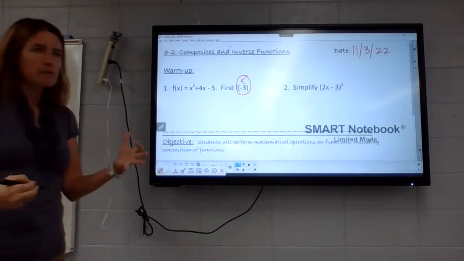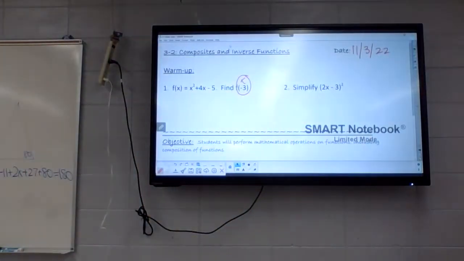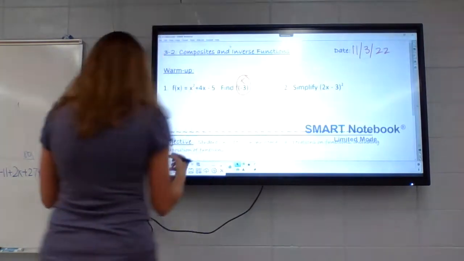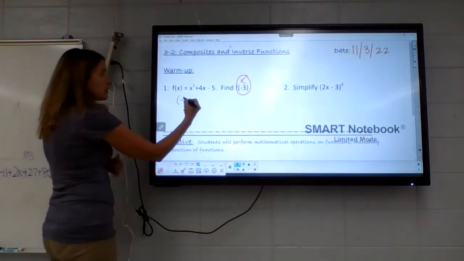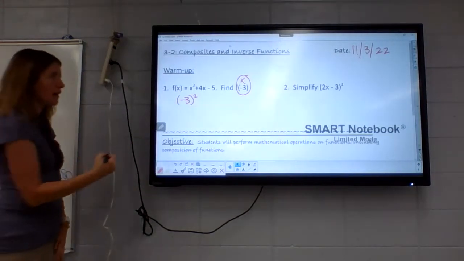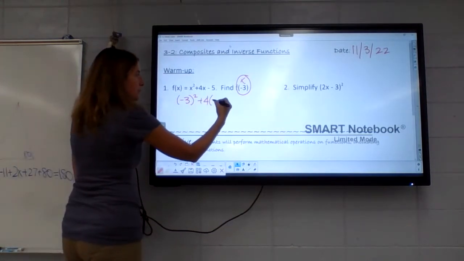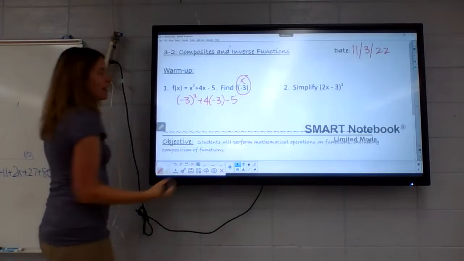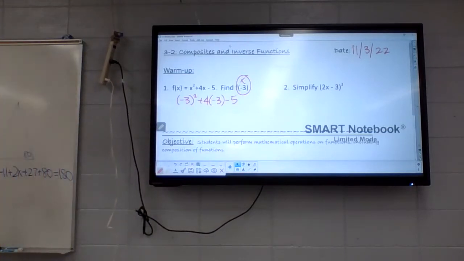Now, just a quick reminder, when you're substituting in a negative, you want to be careful with your calculator. Make sure you don't let your calculator try to be too smart. When you square a negative, your calculator needs you to put that in with parentheses, most of your calculators anyway. So just be careful about that, because I don't want you to make a silly mistake there.